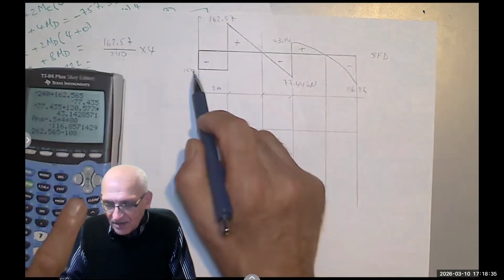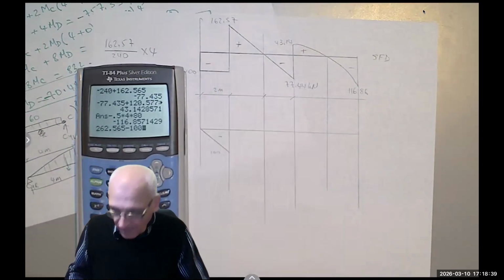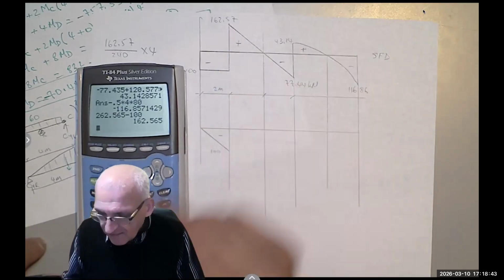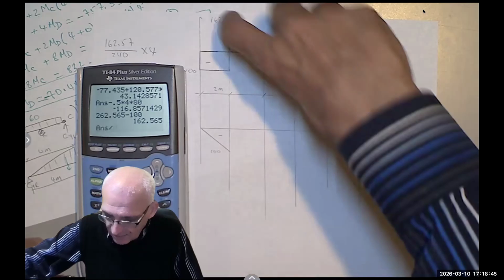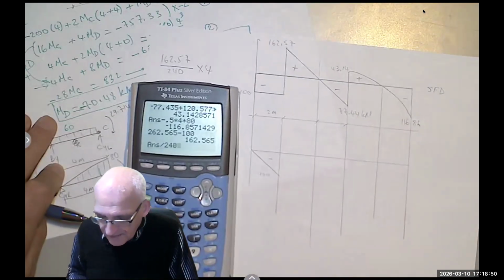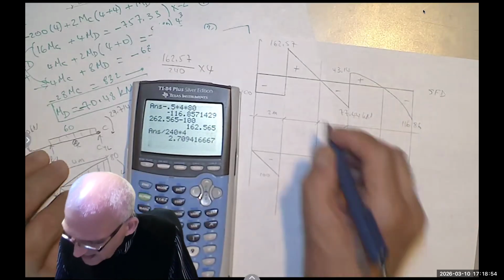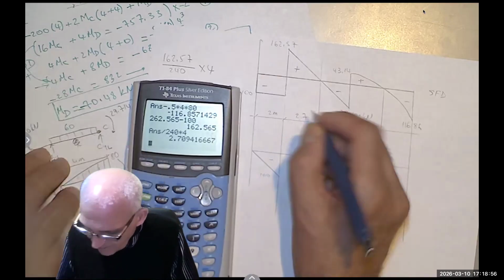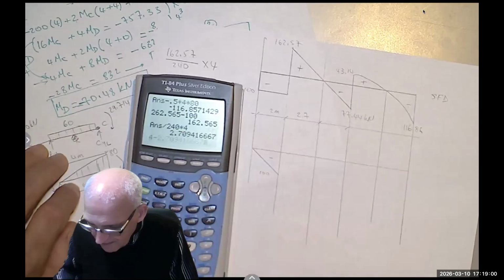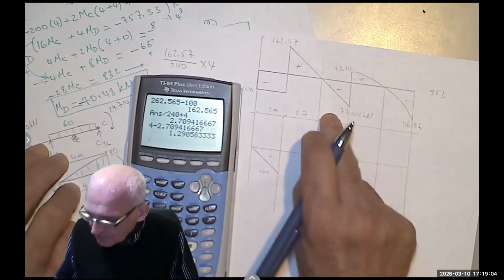Remember, I went up to 262. So this is the 162.565. I'm going to divide it by the sum of the two, which is 60 times 4, or 240, and then multiply by 4. I get that this distance is 2.7. 4 minus that is 1.3, or 1.29.